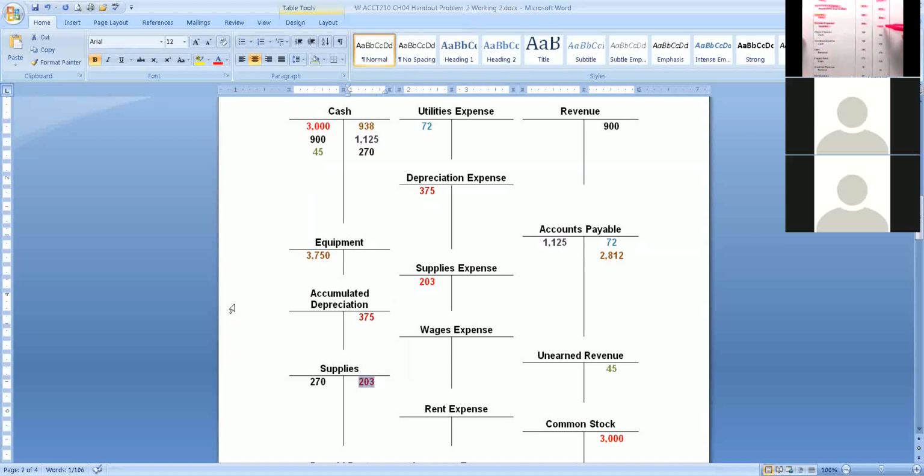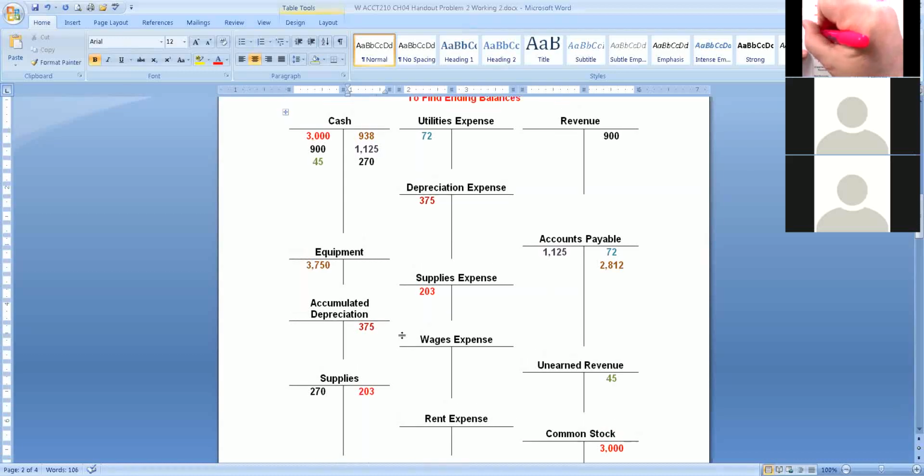This is where they bought the supplies, and then this is they're using up the supplies. So supplies expense, they used up 203 of them. So they had 270 in there, but they used 203 of them. So whatever's left over, we'll figure that out later. But that's how much supplies were not used up.